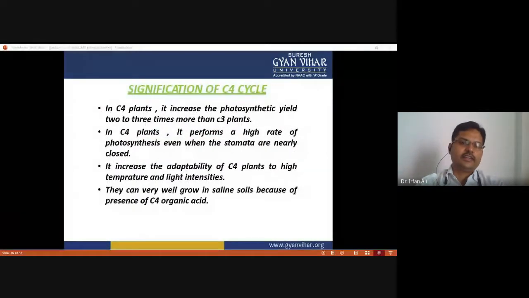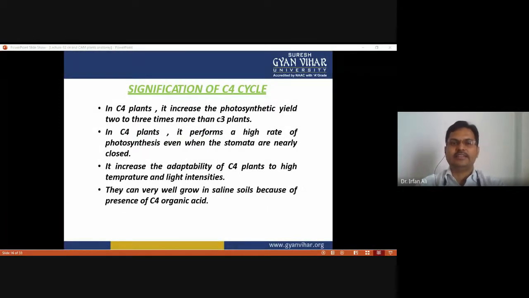Now, what is the significance of this Hatch and Slack pathway? In C4 plants, it increases the photosynthetic efficiency two to three times as compared to C3 plants. So in C4 plants, they perform a high rate of photosynthesis even when the stomata are nearly closed.